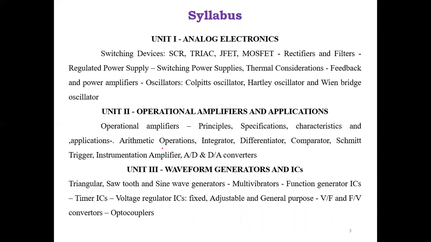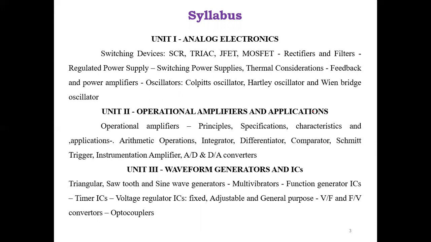So in this class, we are going to discuss analog electronics, unit number 1. Okay, there is a basic introduction for these analog devices and circuits. In this course, we are going to study switching devices, rectifiers, regulated power supply, switching power supply, and then feedback amplifiers and oscillators.